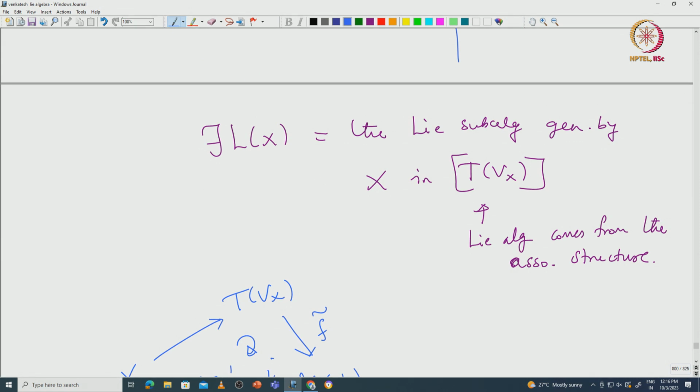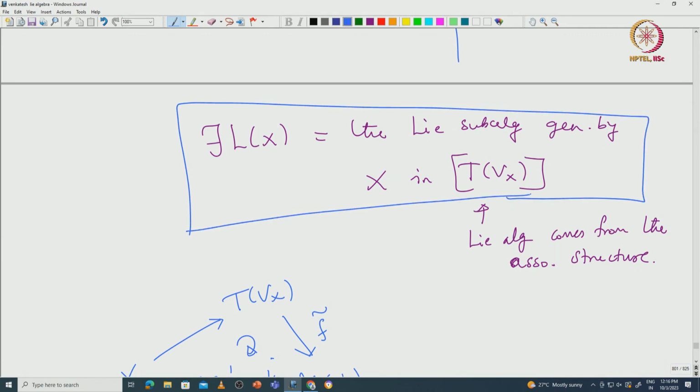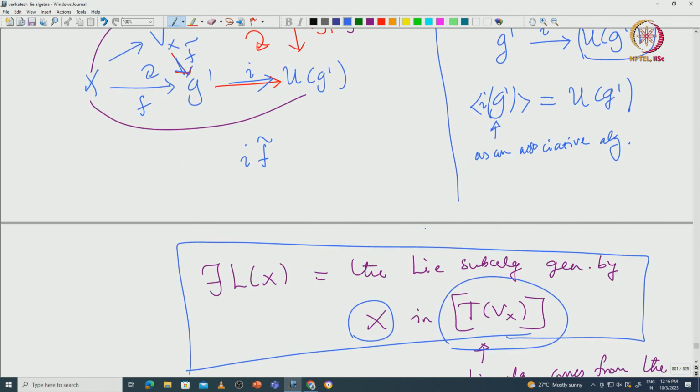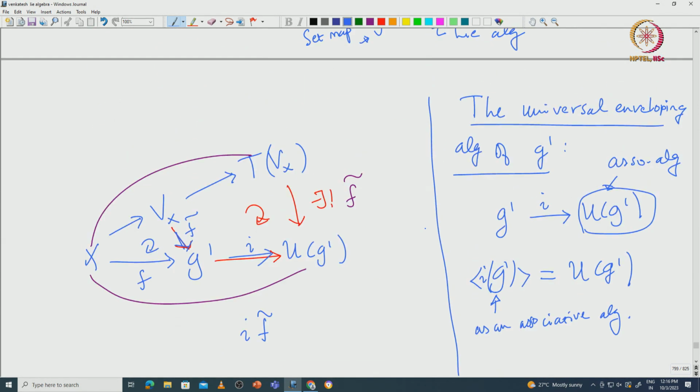What is it? By definition, it is just the Lie subalgebra generated by x inside this Lie algebra, which is bracket TVX. Okay. You take this as the definition. So, in this definition, to prove the universal property, we use the existence of the universal enveloping algebra of G dash.